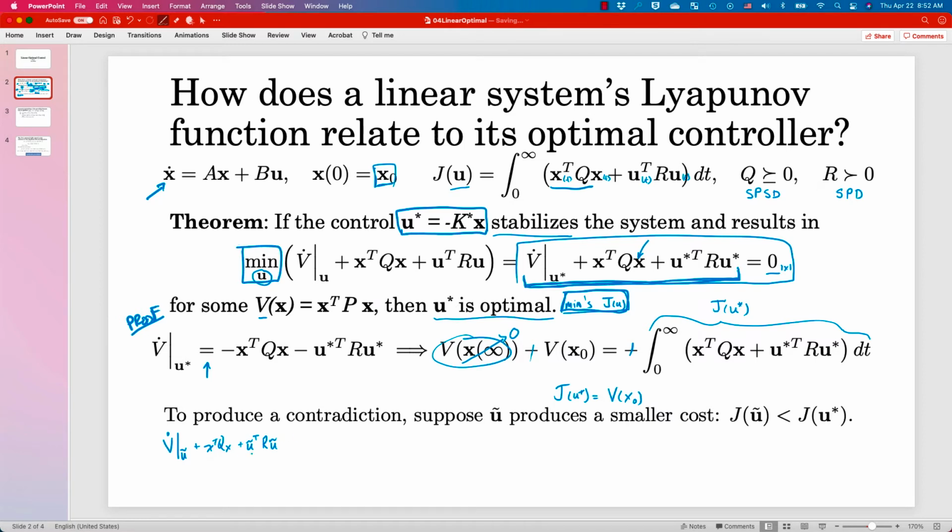So if I evaluate it at any other u, like u tilde, I'm going to get not strictly greater than, but at least greater than or equal to what I would have gotten if I'd plugged in u star, which is 0, because of this part of the statement. All right, so that tells me that I can do the same trick now. I can say that v dot at u tilde is greater than or equal to, these guys moved to the other side.